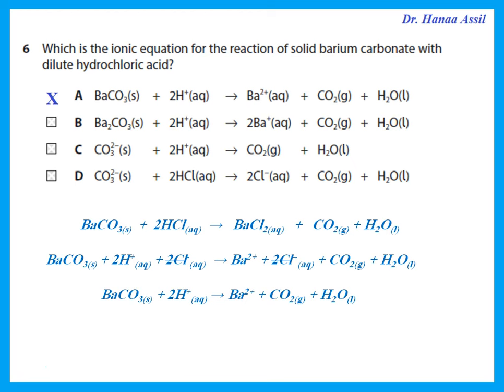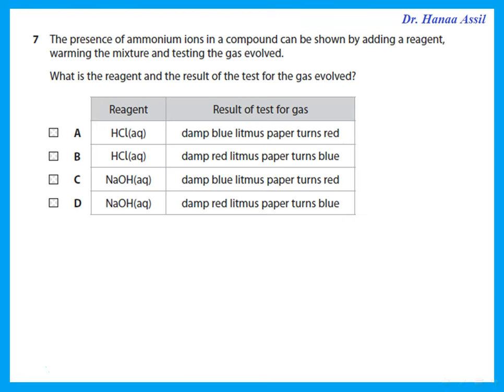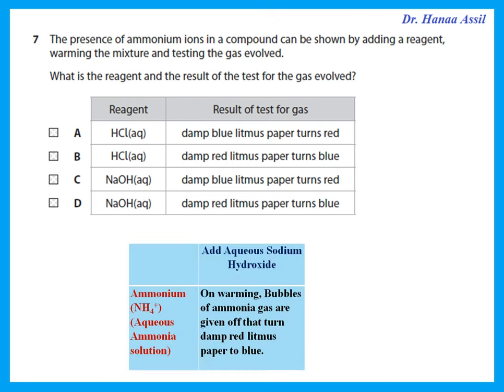Are we okay? Okay. The presence of ammonium ions in a compound can be shown by adding a reagent, warming the mixture, and testing the gas evolved. What was the test for ammonium ions? What is the reagent? Ammonium ions react with a base. So the reagent was aqueous sodium hydroxide.